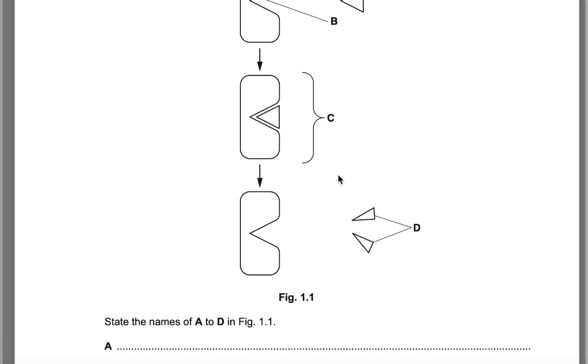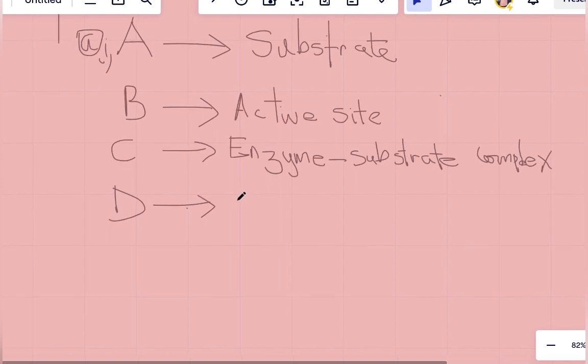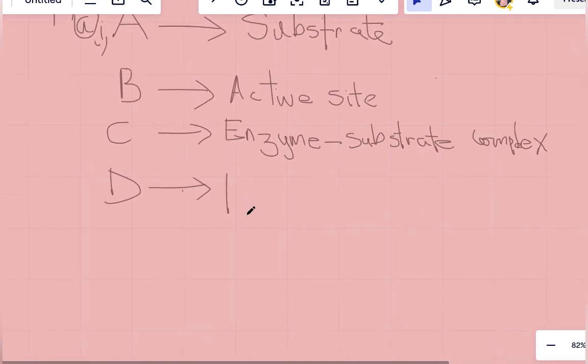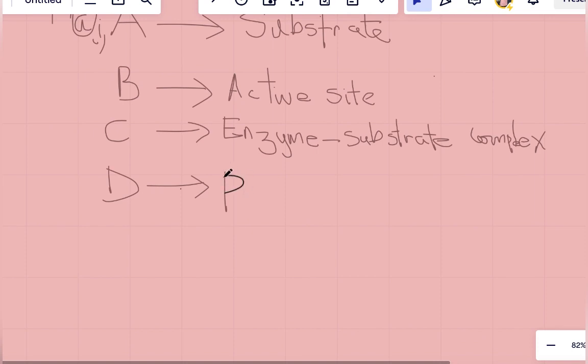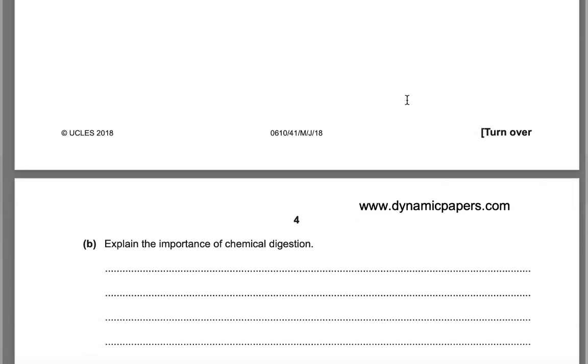D is the product. Okay, then that's it. We've identified A to D, and we get 4 marks for doing this.